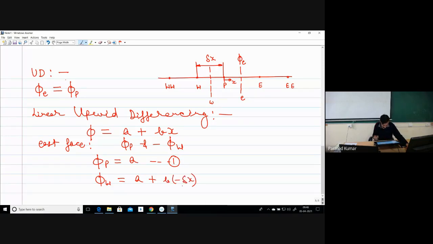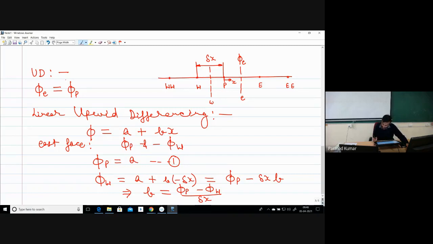Is this point clear? So from here I can write phi W equal to phi P minus delta x into B. So from here you can see the value for B will be nothing but phi P minus phi W divided by delta x.